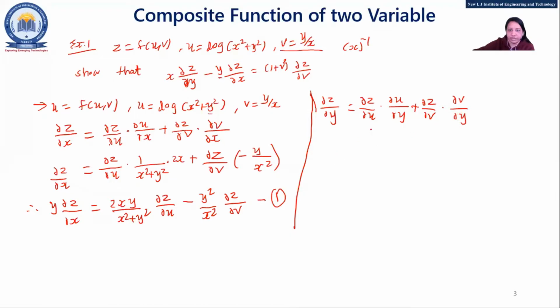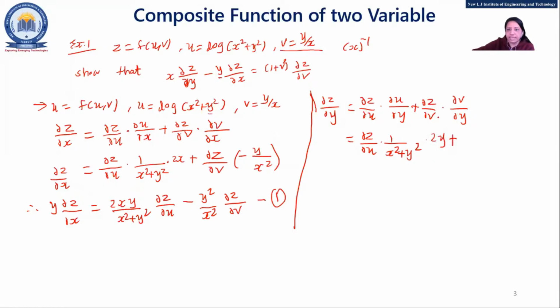Now from that, z we don't know, so we'll keep del z by del u as it is. Our u is log of x square plus y square, and with respect to y now, it is 1 upon x square plus y square, and here we have 2y.